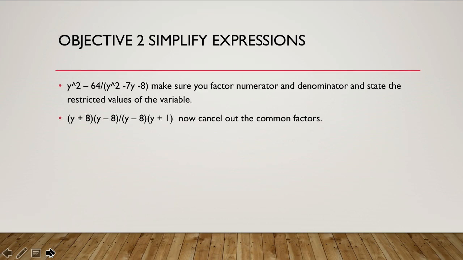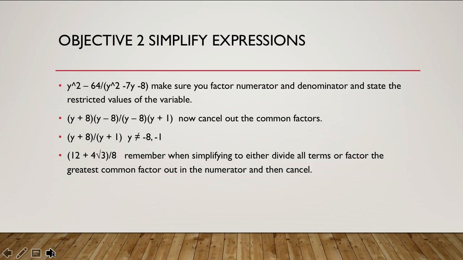And in the denominator, you need to decide the factors of negative 8 that are going to add to negative 7. So it's going to be y minus 8 times y plus 1. Then you cancel out the common factors, so you get y plus 8 divided by y plus 1, but you cannot let y equal positive 8 there and negative 1. I will fix that, but remember it's positive 8.